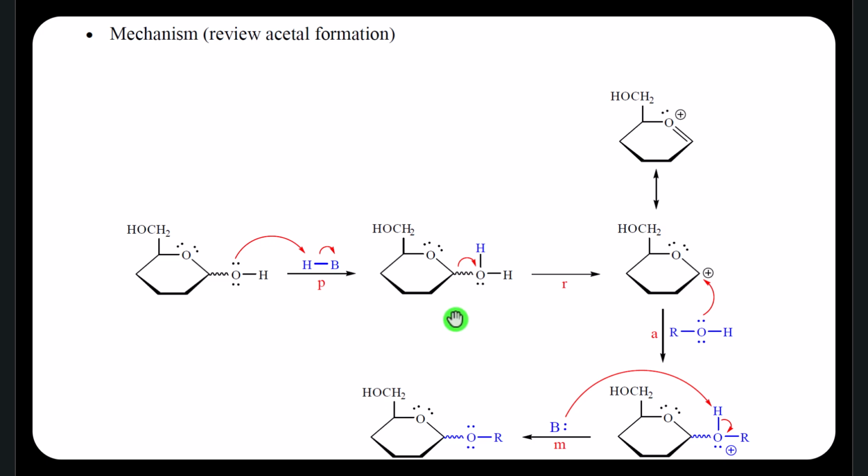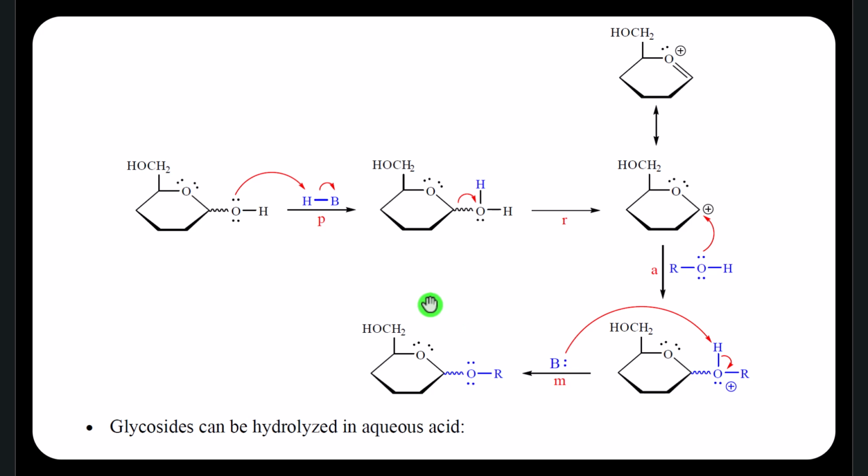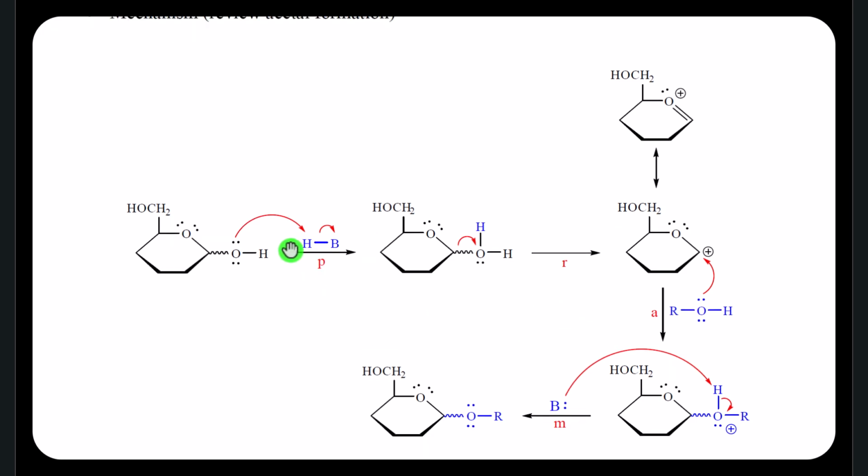So if we look, we can see that the initial hemiacetal already has one of the two alcohol ether-like bonds attached. But what we need to do is remove the hydroxyl group to make room for the second acetal ether bond.